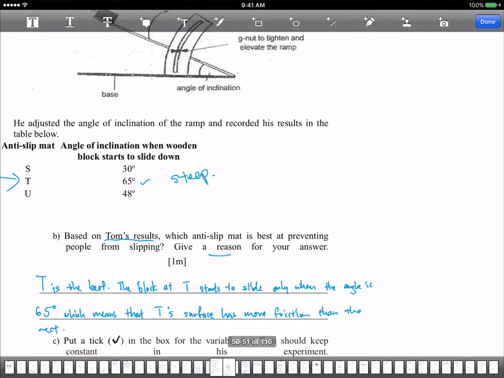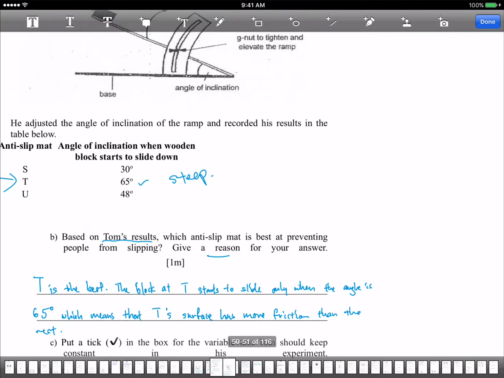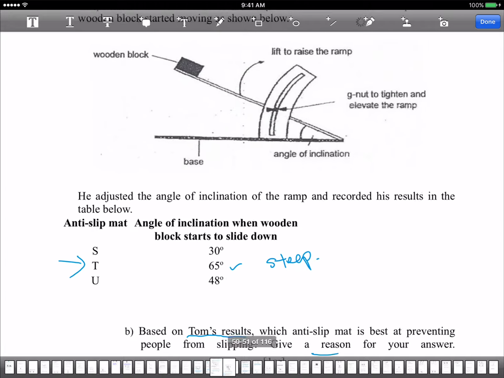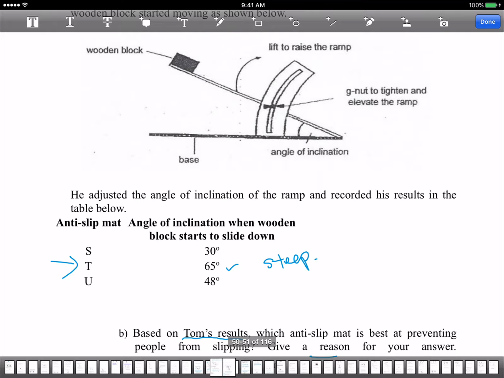Based on Tom's result, which anti-slip mat is best at preventing people from slipping? It is the one with the steepest angle, 65 degrees. Steepest means they put this up very steep, but the thing didn't come down. That means the surface is very rough, so there's a lot of friction.